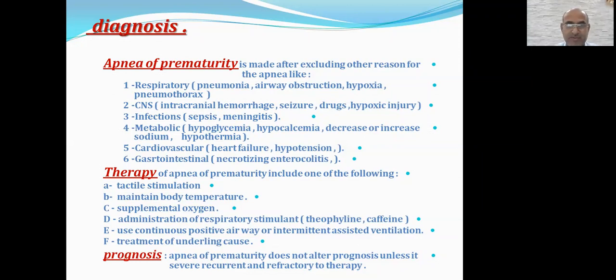All of these should be excluded before saying this is apnea of prematurity.